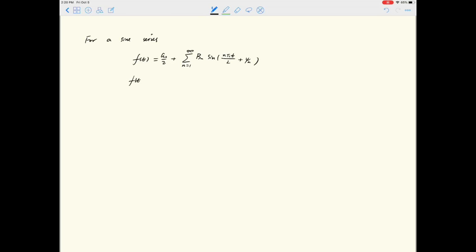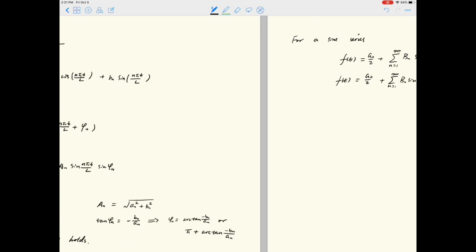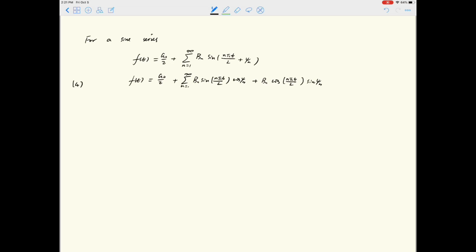So now we expand it using the sum and difference formula. So let's call this equation 4.